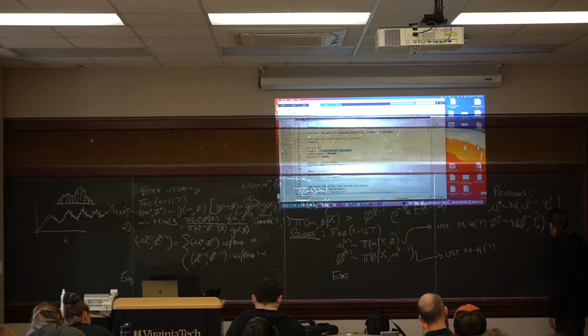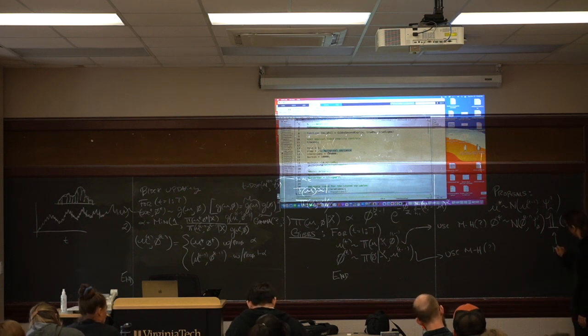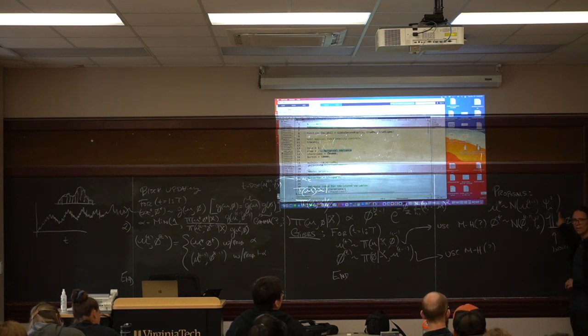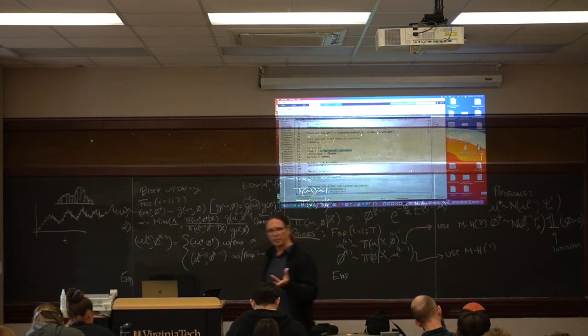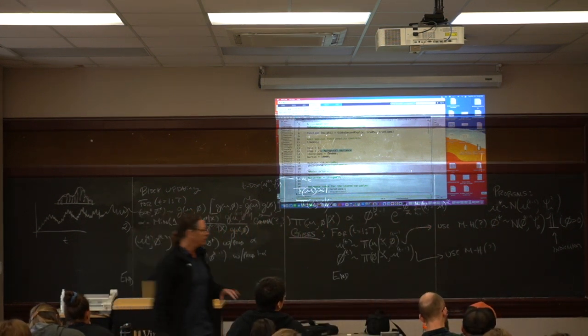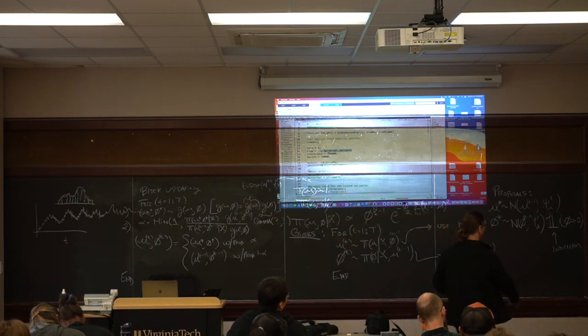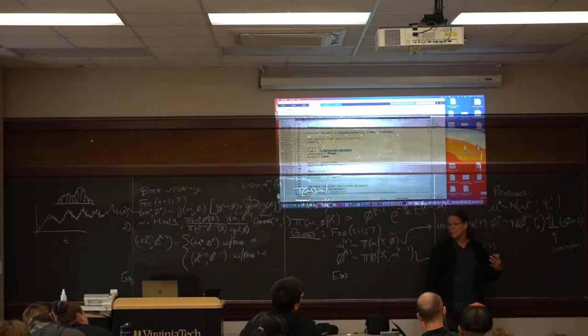So I'm going to do something really easy and plug in an indicator function that says phi is greater than 0. If you want me to use the delta thing, that would be delta. That just means it's a 1 if it's positive, and it's a 0 if it's negative. If phi were negative, you're putting 0 mass on that area, so you would never sample from it.